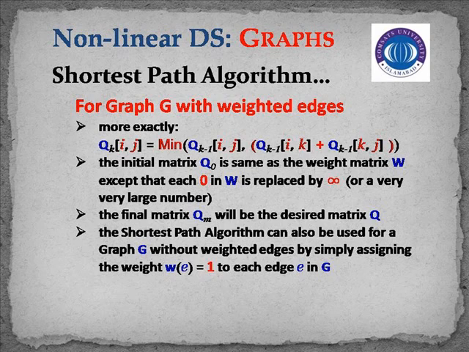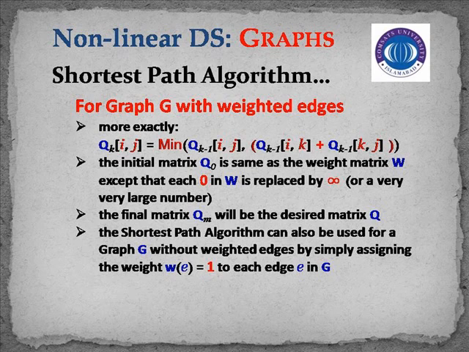The initial matrix Q0 is the same as the weight matrix W, except that each 0 in W is replaced by infinity, or a very large number. The final matrix Qm will be the desired matrix Q.